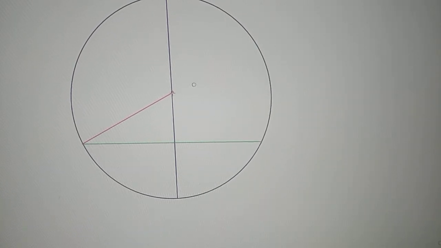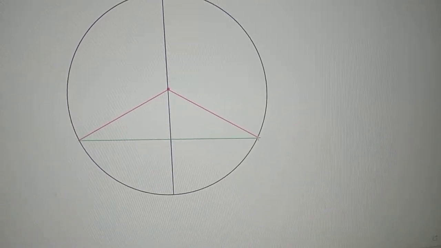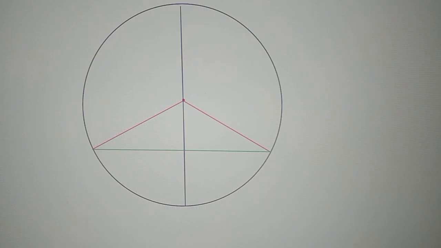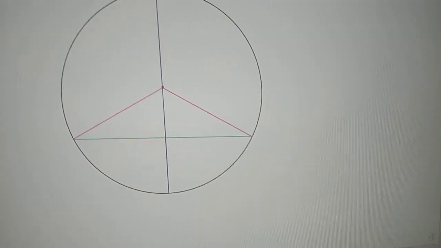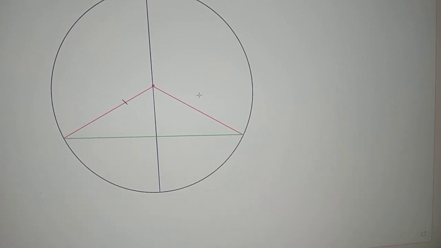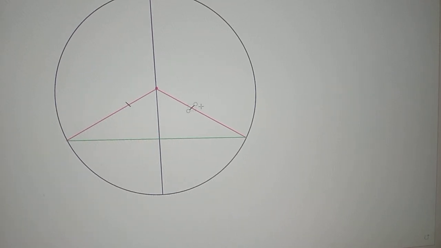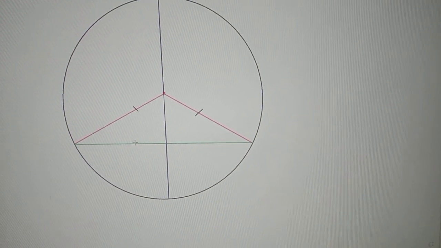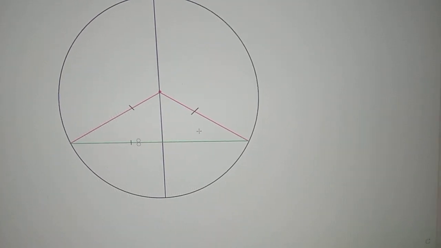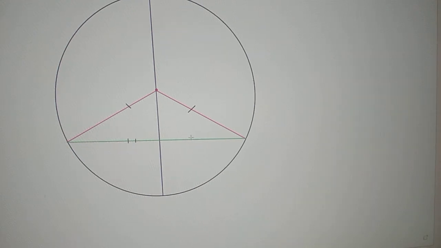So we connect them. And what do we know now? What do we have here? We know that this is equal to this, right? We also know that this is equal to this.